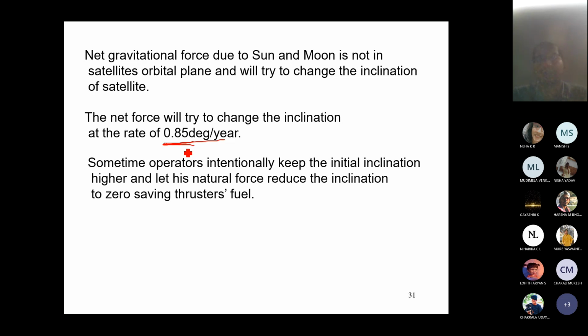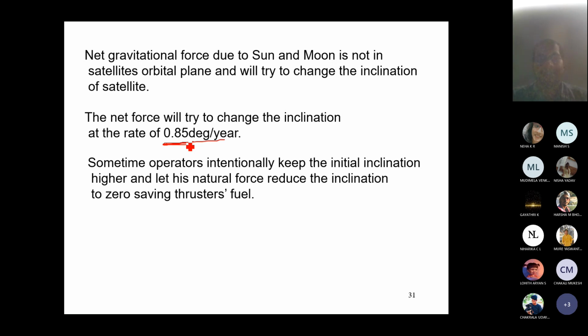Earlier we came across the east-west movement of the satellite, and that happens because of the non-uniform sphericity of the Earth and non-uniform gravitational force. This movement is called north-south movement. It happens because of the sun and moon gravitational force. So the north-south movement of the satellite happens because of the sun and moon gravitational force.